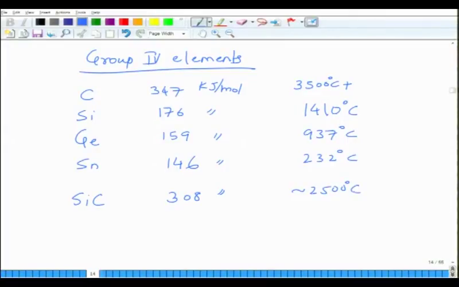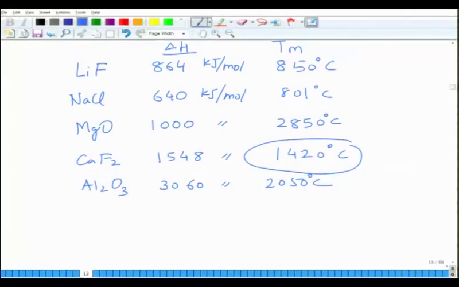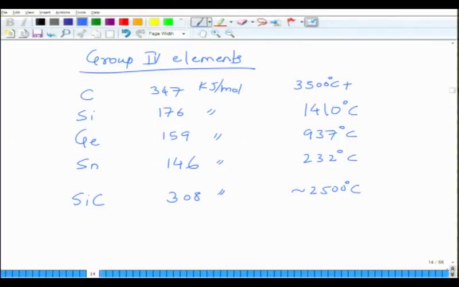So, you can again see that compounds which have lower bond energy have lower melting point, and this is true if you compare the values with these as well. Of course, this is enthalpy of atomization, not exactly the bond energy, but it is related to that, and the trend is fairly similar. What you get there is also true here.